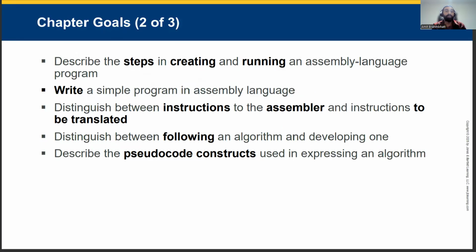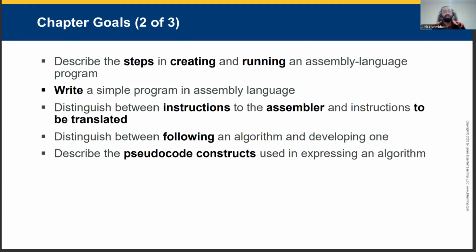The second group of chapter goals expands your skills into assembly programming. You'll learn the complete process for creating and running an assembly language program, from writing instructions to translating and executing them. We also discuss how to distinguish between instructions intended for the assembler and instructions that will be converted into machine code.